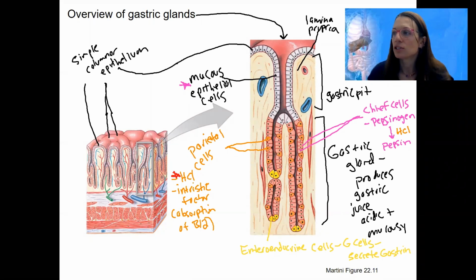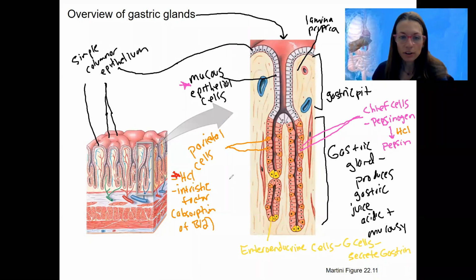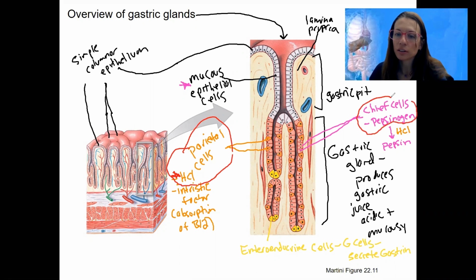Let me get my star color to highlight the things that are most important here. So I already starred HCl from the parietal cells, chief cells, pepsinogen, and G cells, which are a type of enteroendocrine cells, produce gastrin.